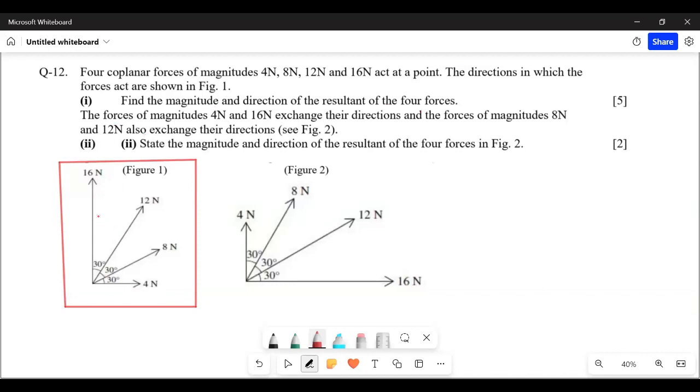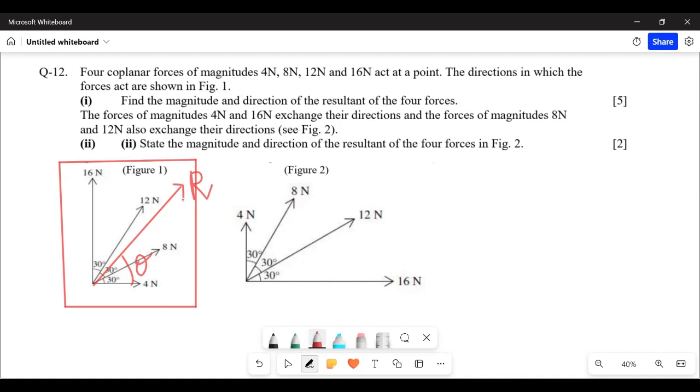These four forces are acting in the first quadrant, so there must be some resultant force, and it's going to have some angle theta above the positive x-axis. So you need the resultant and you need theta.